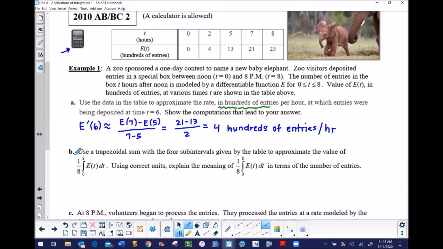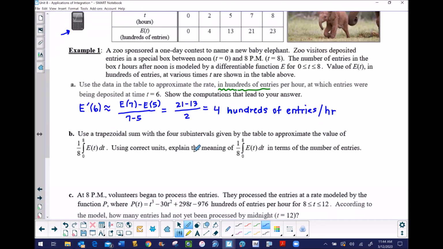So this is an average value of a function. It's the average value of the function called E, which is the hundreds of entries. So we could put those ideas together, and this is actually the average number of entries. All right, and when we get to the end of the problem and explain the meaning, we're going to definitely use those words. But prior to that, let's go ahead and review our trapezoid rule just really quickly.